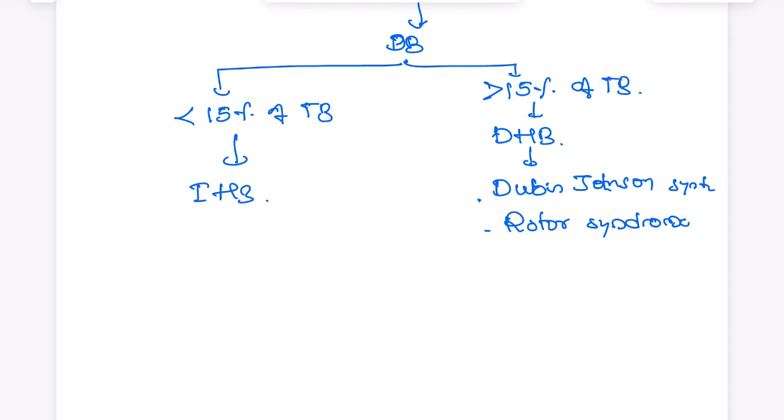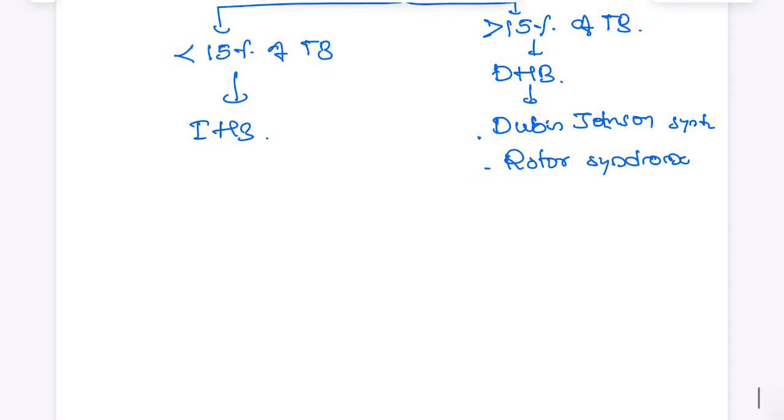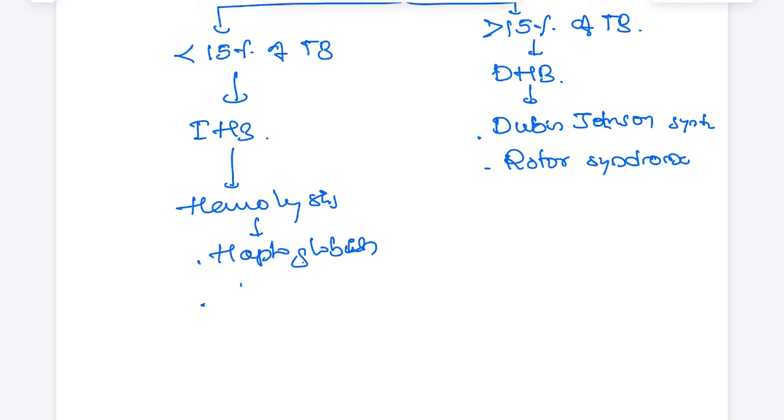Whenever you get this pattern of indirect hyperbilirubinemia, the first thing that you have to rule out is hemolysis. How to know that there is hemolysis? You have to check for haptoglobin and LDH, and a peripheral smear showing hemolysis.